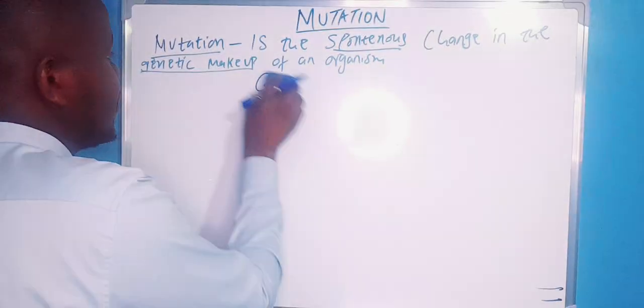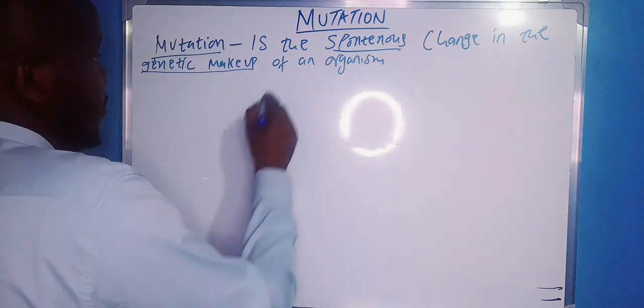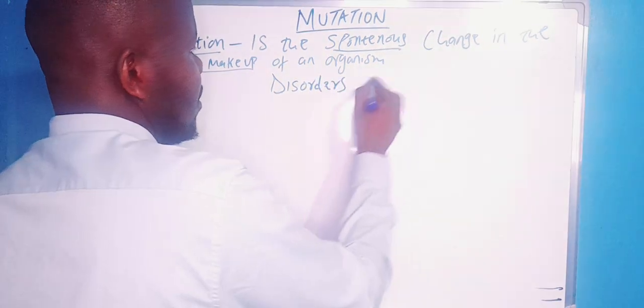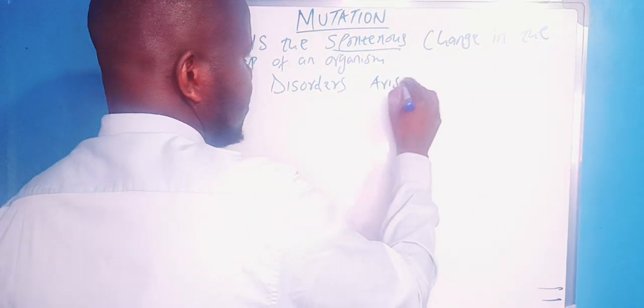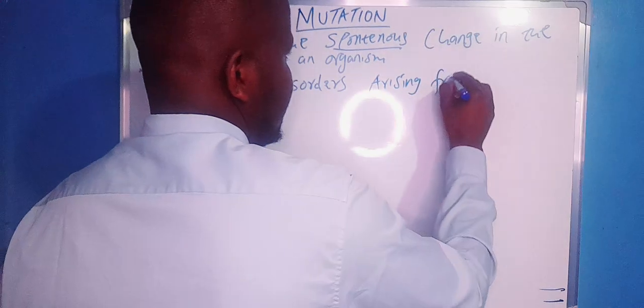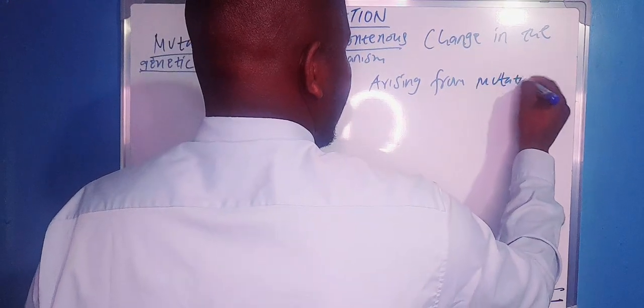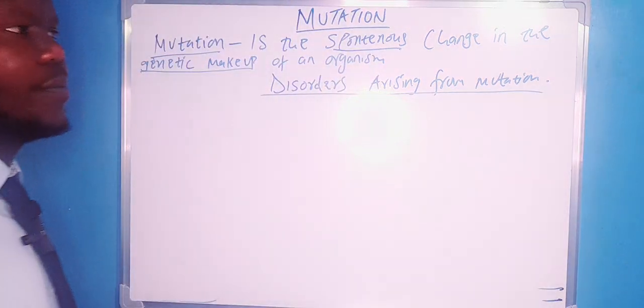Disorders. Disorders arising from gene, not from gene but from mutation itself. Let's just be general.